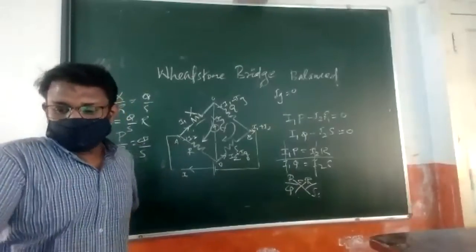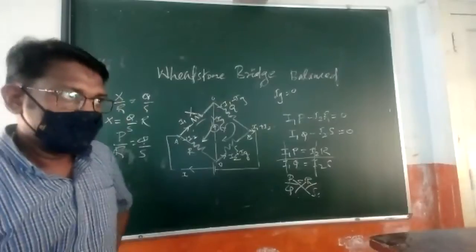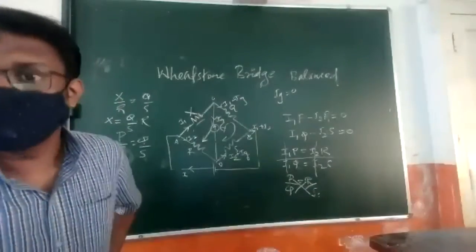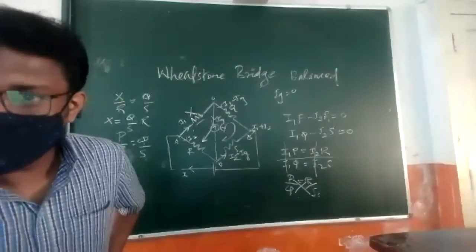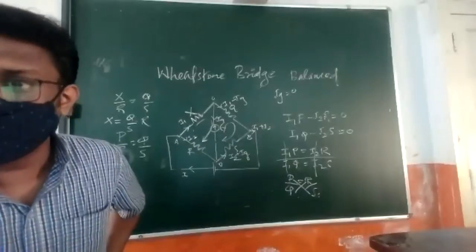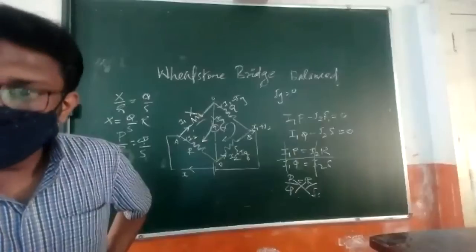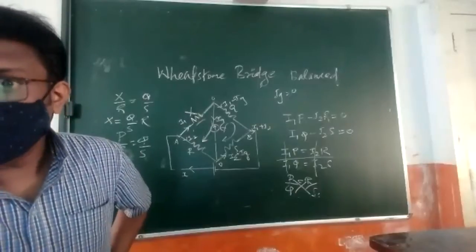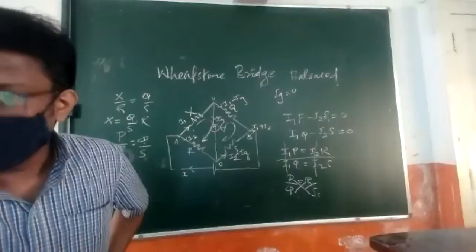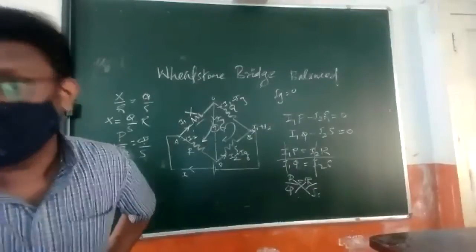So when practical exam is conducting and when meter bridge experiment comes, then the visiting examiner has a choice to ask the basic principle of that meter bridge. Basic principle is Wheatstone bridge only. So it has its own theoretical importance as well as the practical importance in your syllabus.